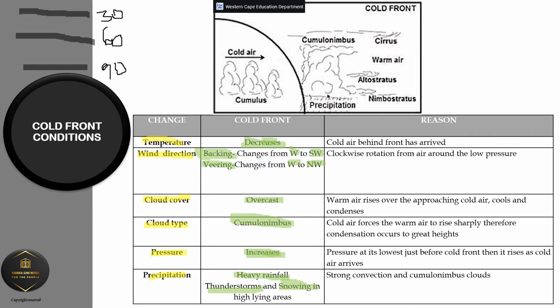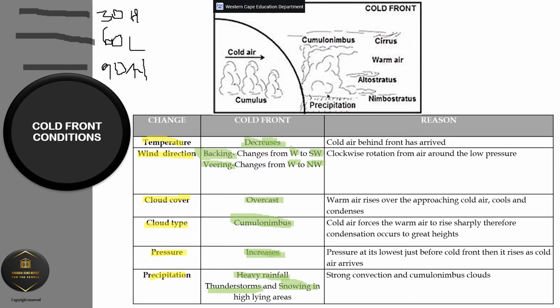Remember we said the system forms from 30 to 60. Now we know that the 30-degree line is a high pressure belt, the subtropical high pressure belt. And at 60 we have the subpolar low pressure belt. And here we have the polar high pressure belt.